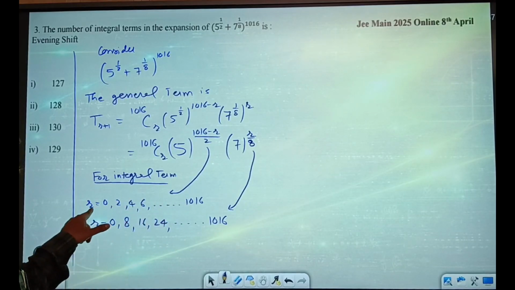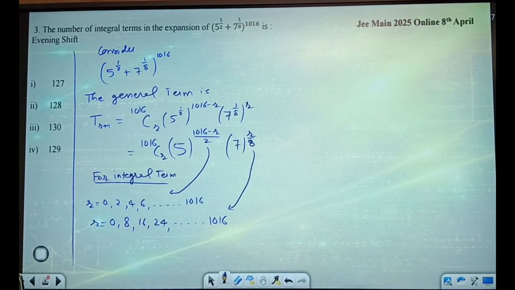This is a multiple of 8, whereas the other is a multiple of 2.